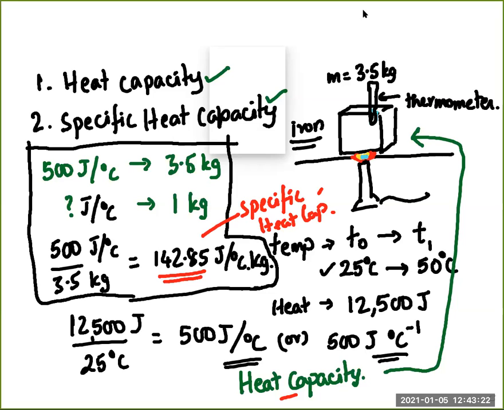Heat capacity is the amount of energy required to raise the temperature of any given object by 1 degree Celsius. Its mass doesn't matter. Whereas specific heat capacity is the energy required to raise the temperature of 1 kilogram of that substance by 1 degree Celsius. So if this is clear to you, then we are almost cut and dry.